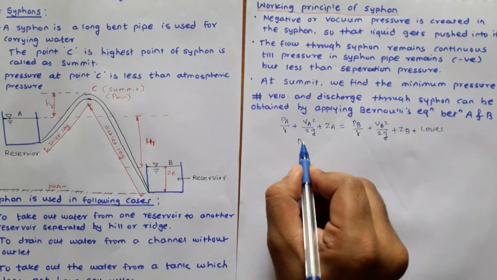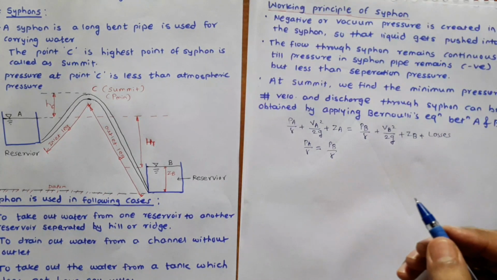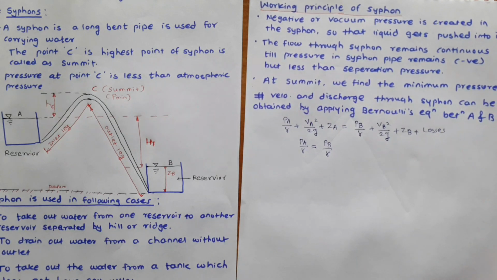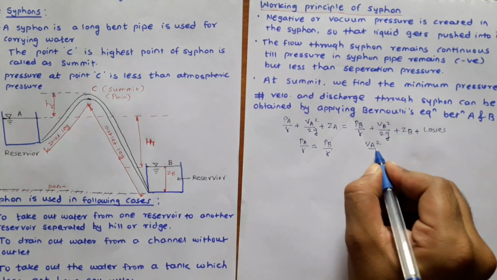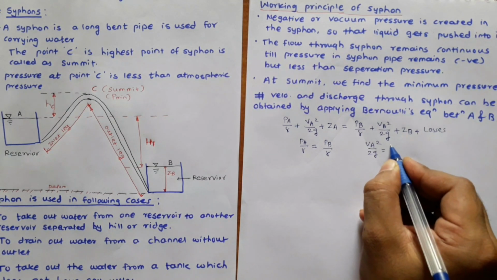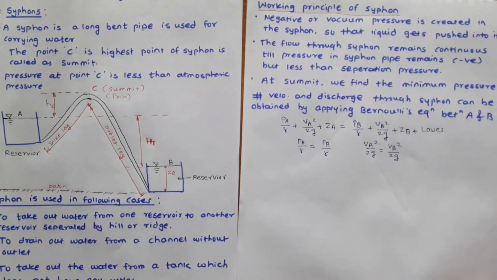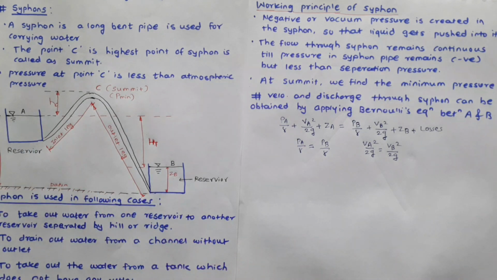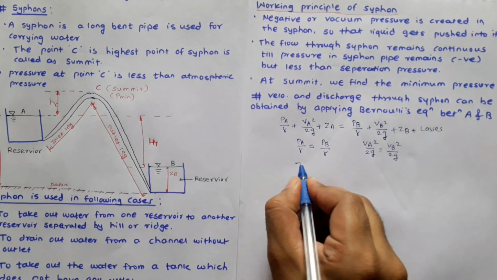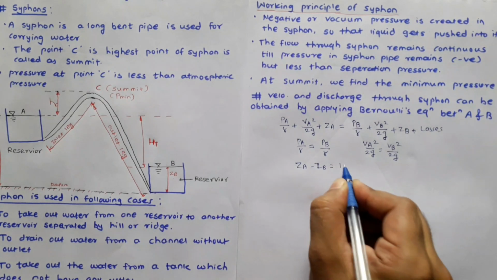So PA by gamma is equal to PB by gamma. Similarly, velocity at A and velocity at B are the same, VA square by 2g is equal to VB square by 2g, so they cancel out. So we will get ZA minus ZB is equal to losses.